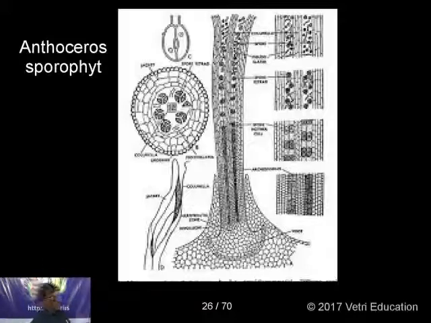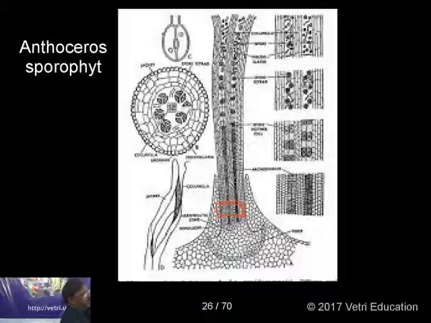Because of the sporophyte, you can find this meristematic tissue, which grows continuously. It gives sporogenous cells, and sporogenous cells become spore mother cells. Spore mother cells undergo meiosis and form haploid spores.